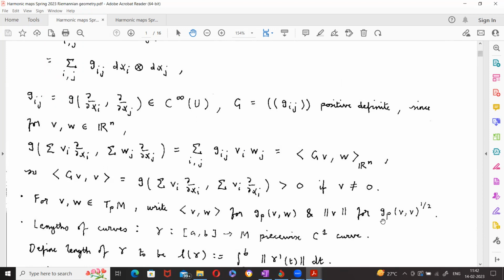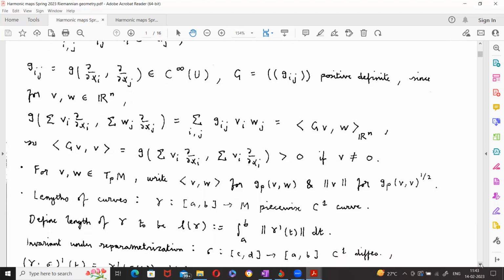Now we can measure lengths of tangent vectors. We will write inner product VW for GP of VW, if V and W are vectors in TPM, and we will write norm of V for GP of VV to the power half.